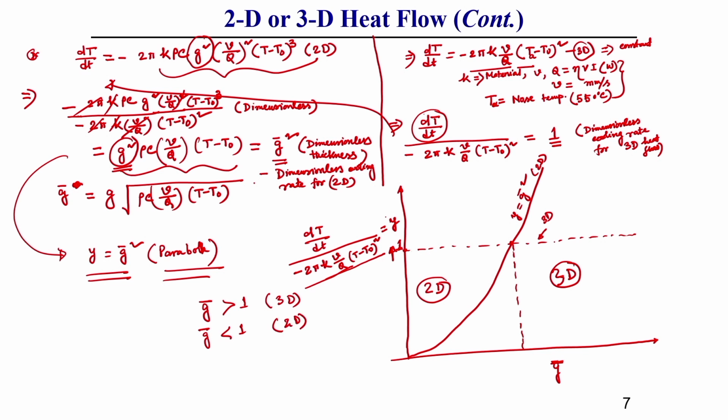Now, here we can define a very interesting region, that is called the transition zone. This transition zone is a zone where G bar value varies from 0.9 to 1.2. Understand this transition zone.